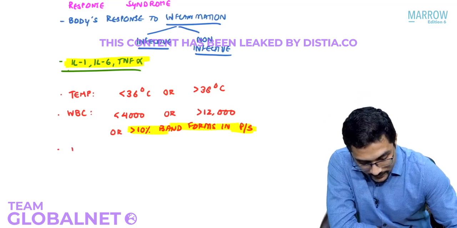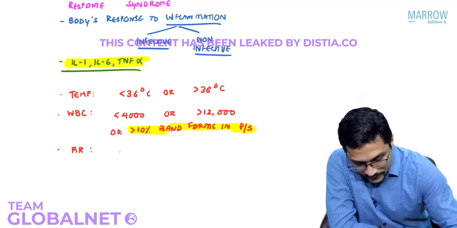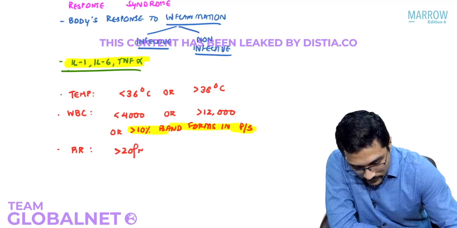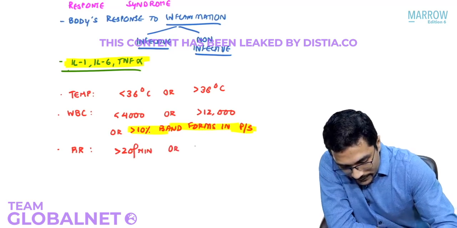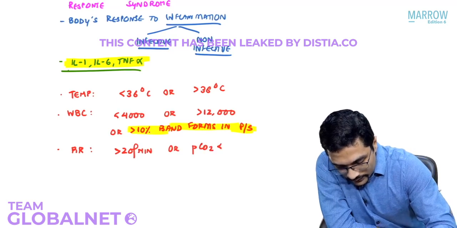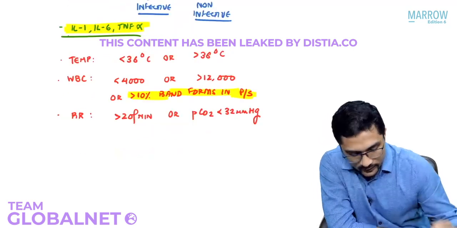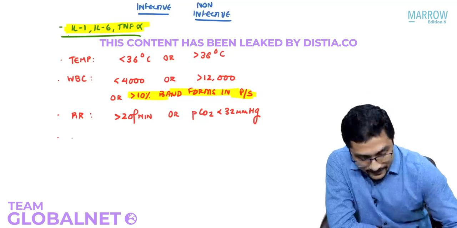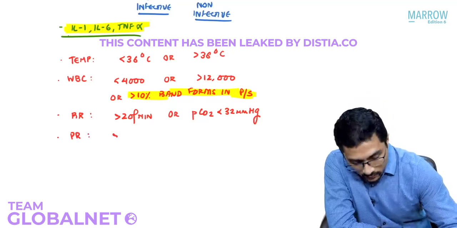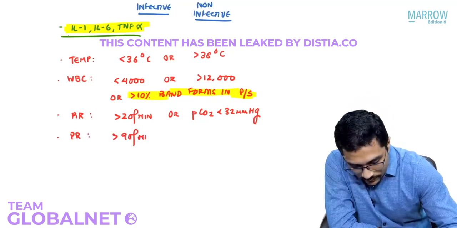Third parameter is respiratory rate more than 20 per minute or PCO2 less than 32 millimeters of mercury, right? And the final parameter is pulse rate more than 90 per minute.